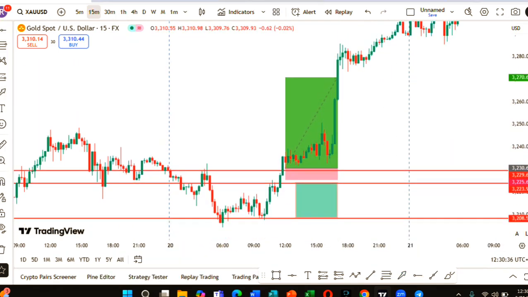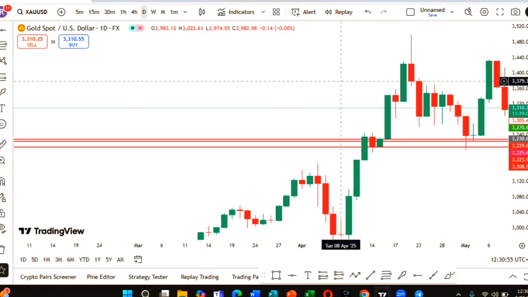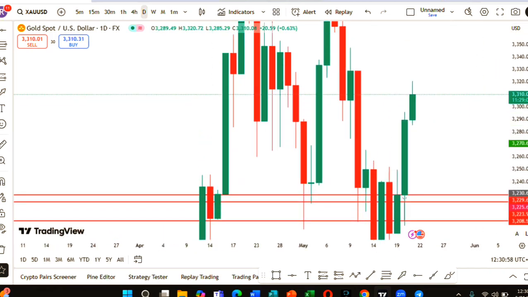Based on my strategy, I normally use the previous highs and lows and the close of the previous day's candle. If you come to our previous day's candles from here, you can see our previous day's candle.